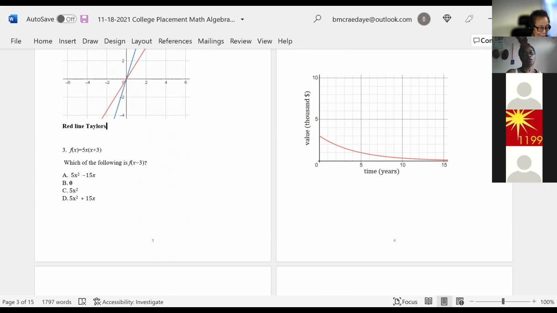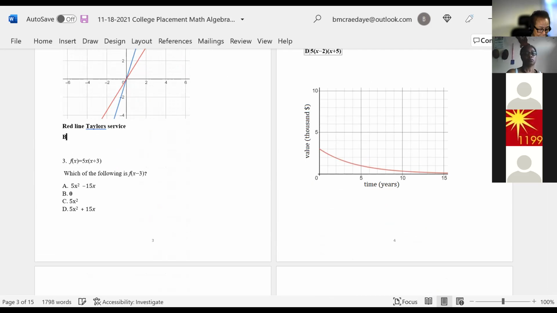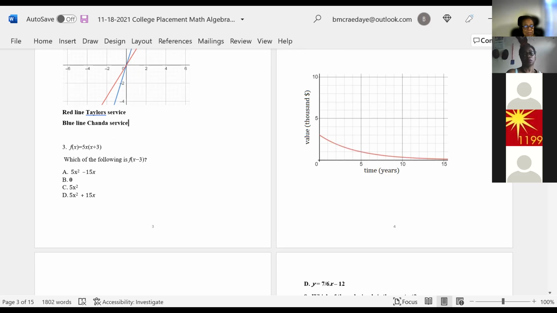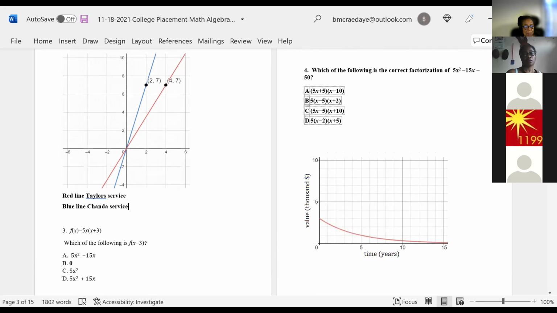This is number 2, and the blue line, I think, is Shandon's service. Two taxi services, and we want to compare them. So let me just bring this down. Compare and contrast.